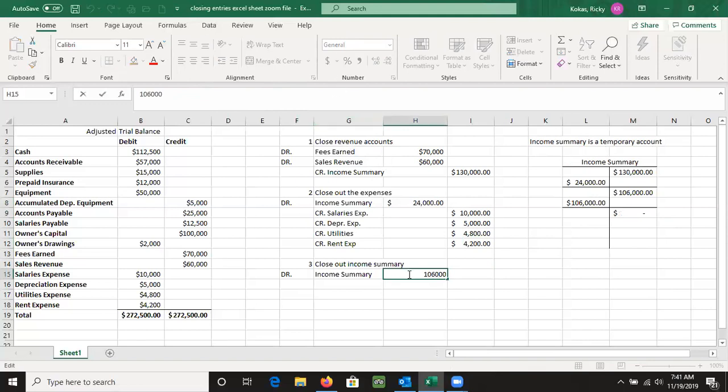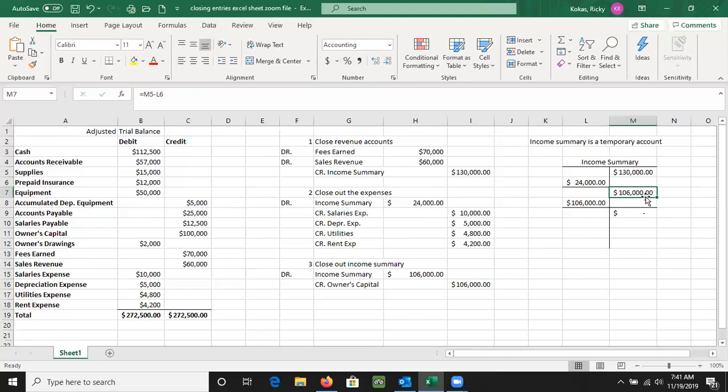What we offset income summary to, now that all things are said and done, is actually going to be owner's capital for whatever the amount was that we hit income summary. When we first credited income summary, we credited for the revenues, we debited for the expenses.